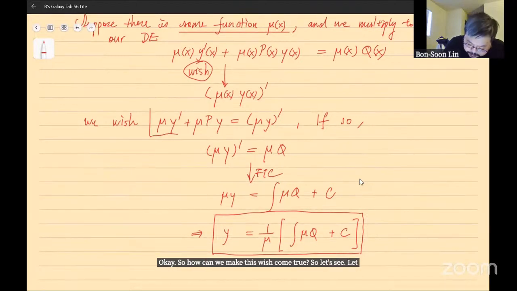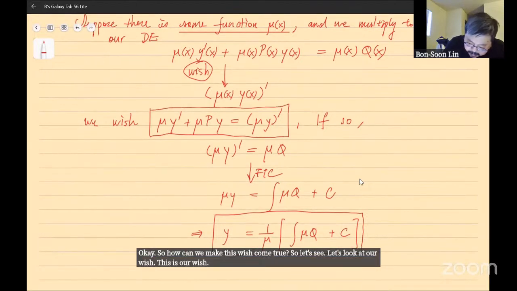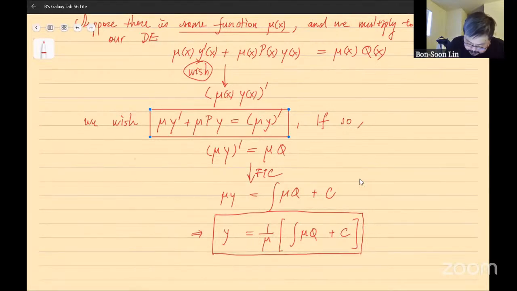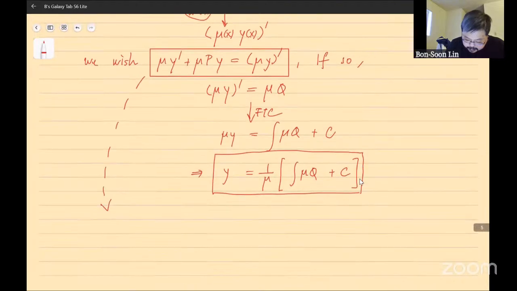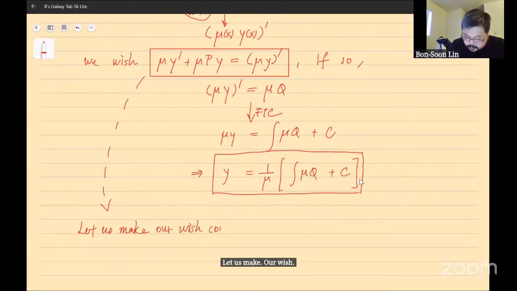This is our wish. Let's make our wish come true. Let's see what we need to make our wish come true.